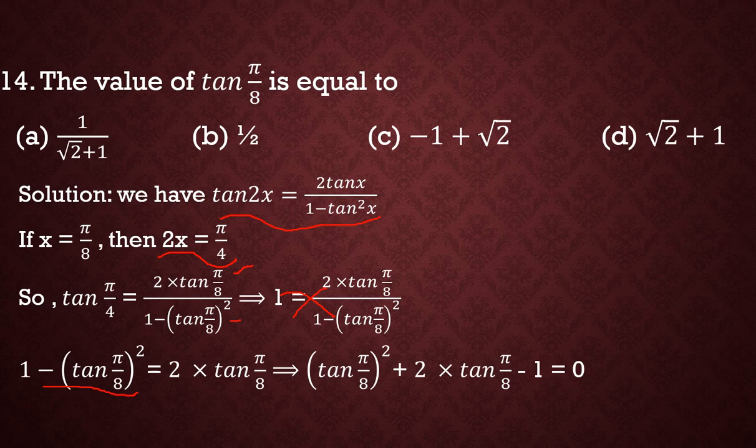By rearranging the terms, you will get tan pi by 8 whole square plus 2 times tan pi by 8 minus 1 equal to 0 here. For simplicity, I will take tan pi by 8 as y here. If I take this as y, then the equation becomes y square plus 2 times y minus 1 is equal to 0.